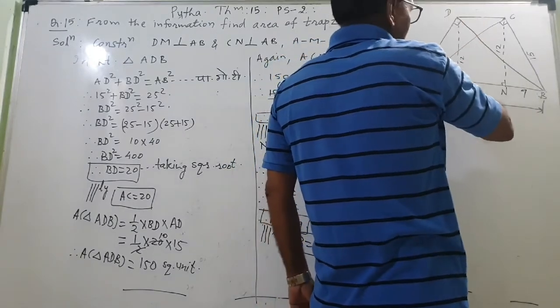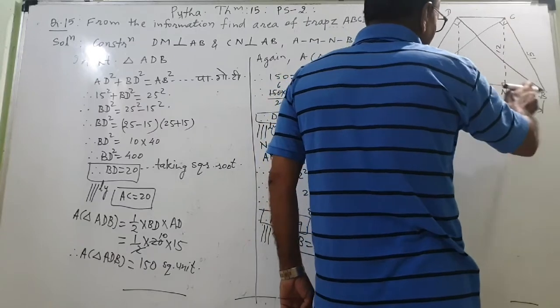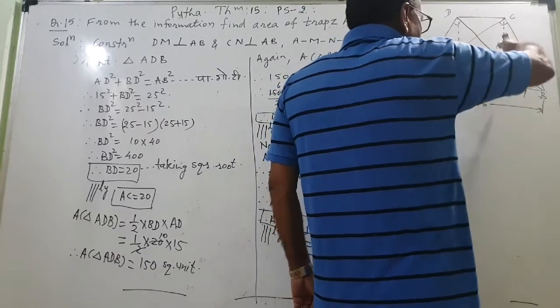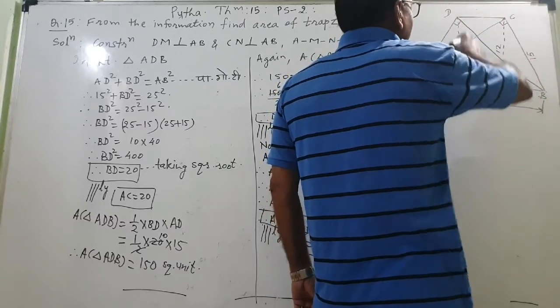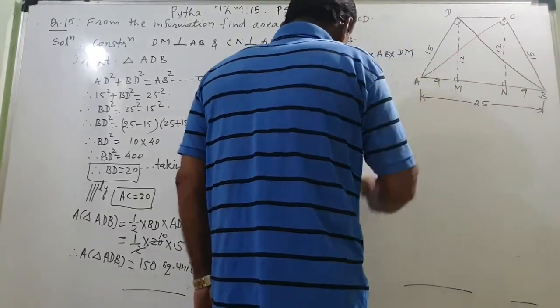DM perpendicular AB. CN perpendicular AB. This is 90 degree, this is 90 degree. Means these are parallel. If these are parallel and two angles are 90 degree, then this is a rectangle or you can call it as a parallelogram also, no problem.